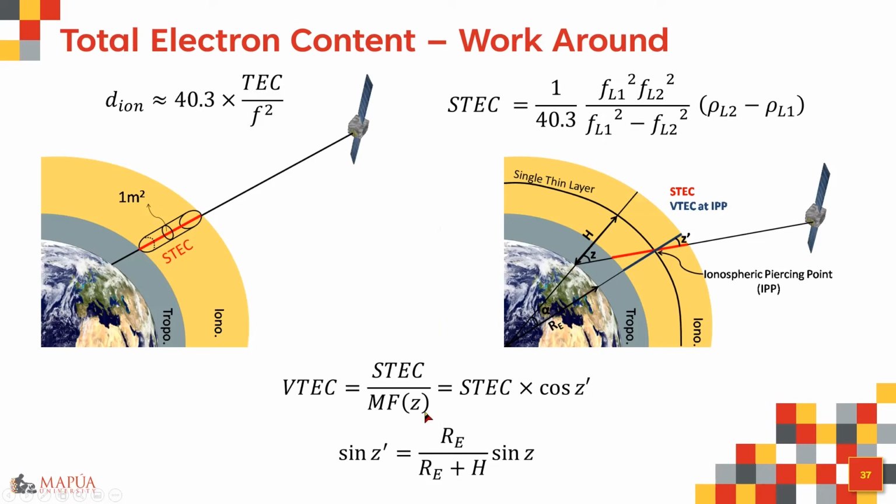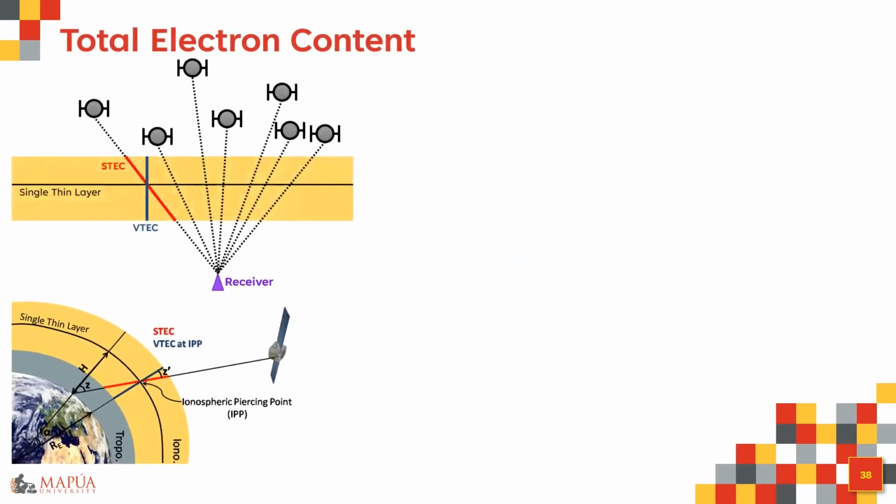So using this equation, we can estimate the vertical total electron content from your GPS signals. And this is the undergraduate thesis of Merlin. If we assume that the layer is like this, this is your slant total electron content and your vertical total electron content. Usually, the receiver receives signals from a lot of satellites.